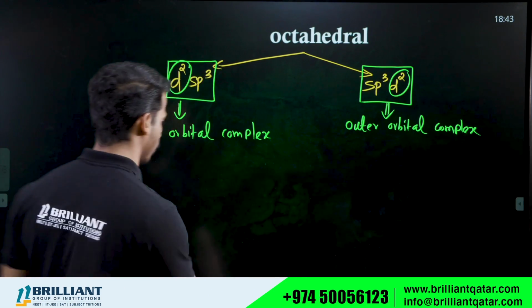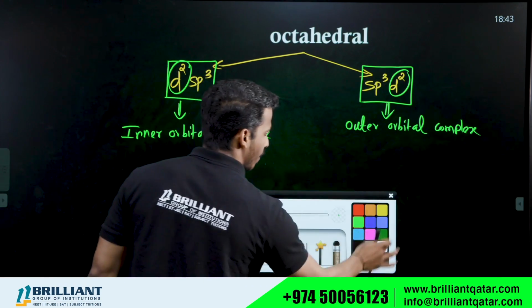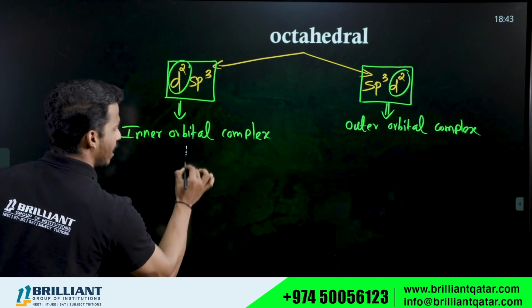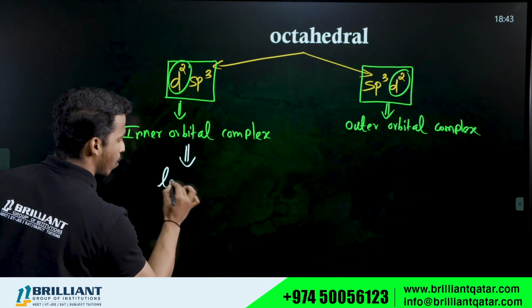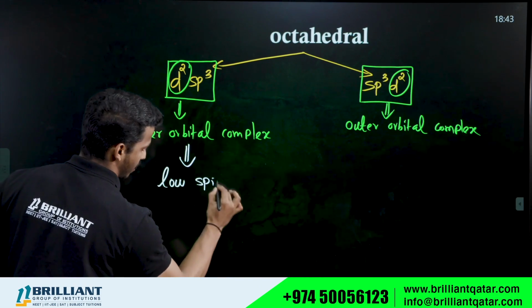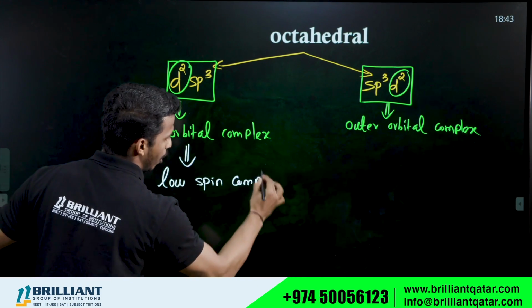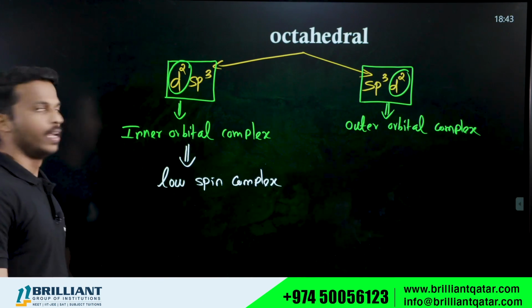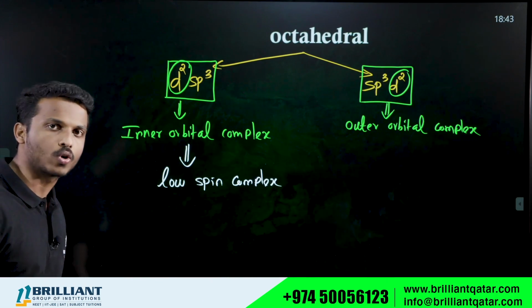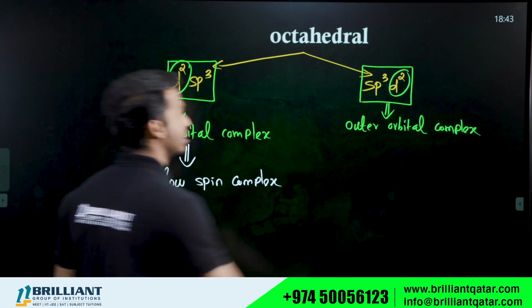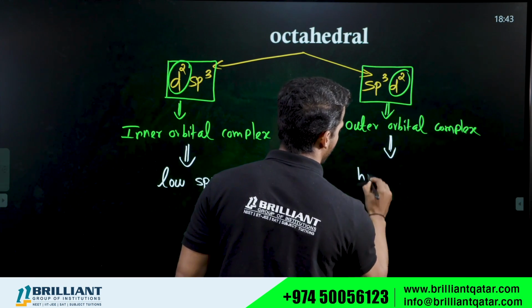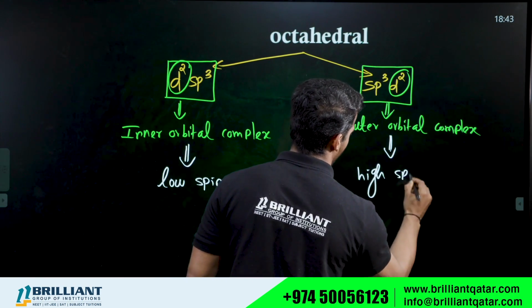One more point. Inner orbital complexes are also called low spin complexes, and outer orbital complexes are also known as high spin complexes. Keep this in mind.